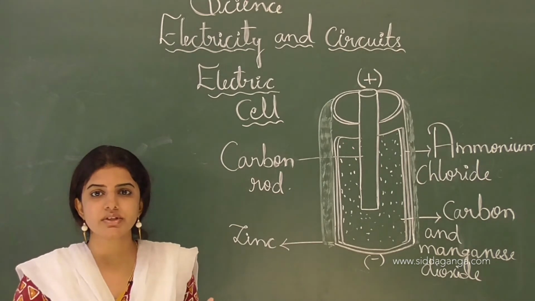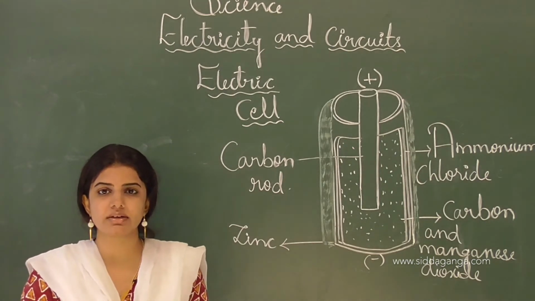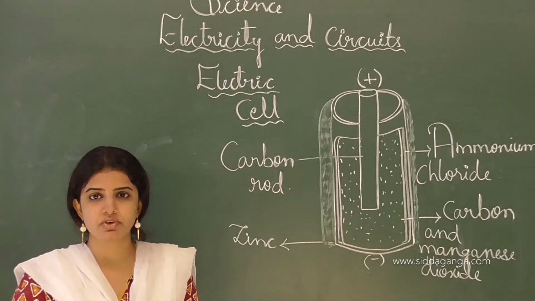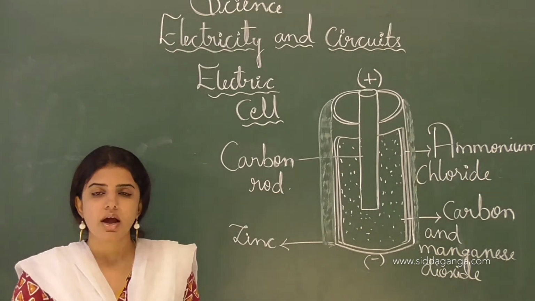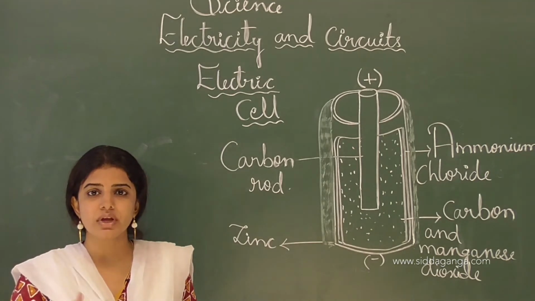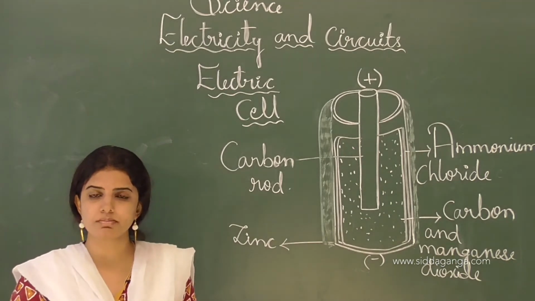We also learned about the structure of the electric bulb, where there is a filament, usually made of tungsten.